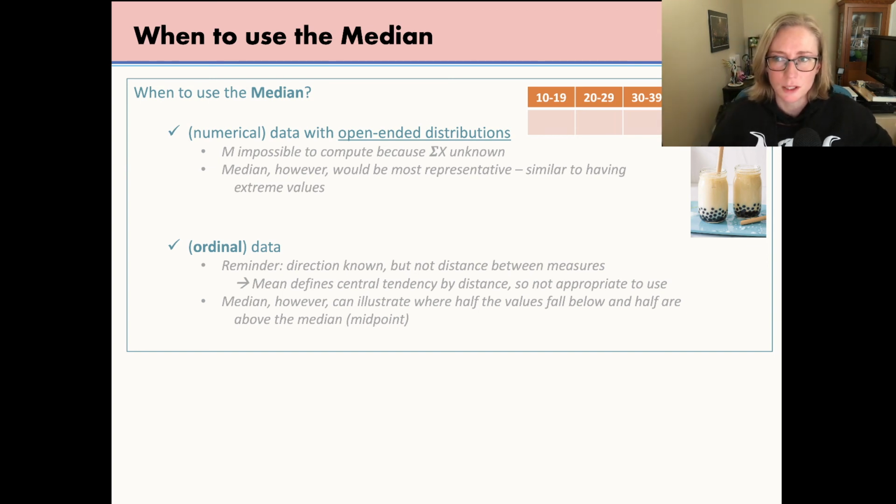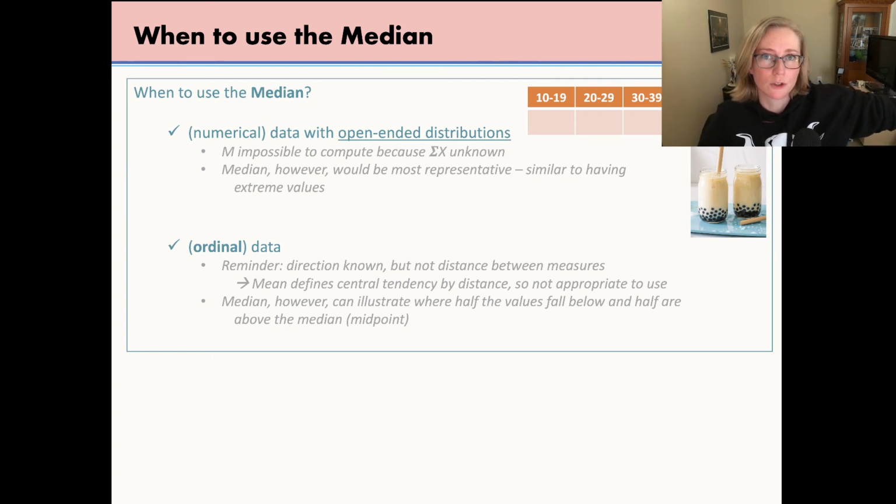Not knowing the exact value, you cannot calculate the mean because you cannot add all of your scores together. Again, though, the median can simply smack it in the middle and say this is going to be our representative value. Even if we don't know what those higher values are, at least we have something that we can work with that still represents the majority of the group.